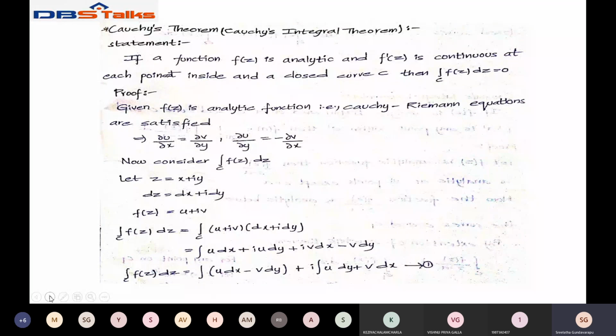So that equals integral u dx plus i into u dy plus i dx minus v dy. Then separate the real part and imaginary part. We have integral u dx minus v dy plus i into integral u dy plus v dx, say equation 1.